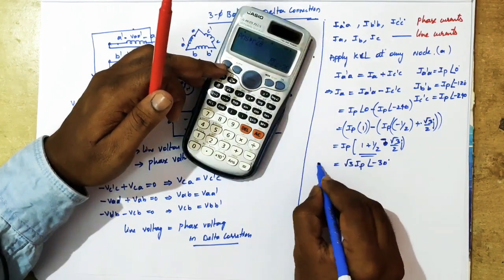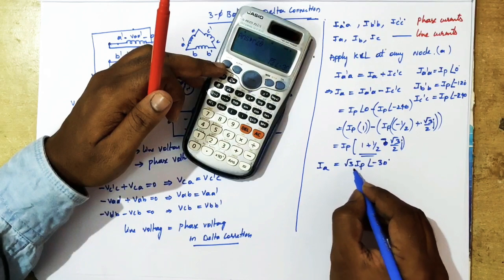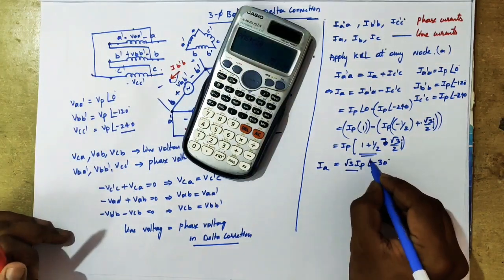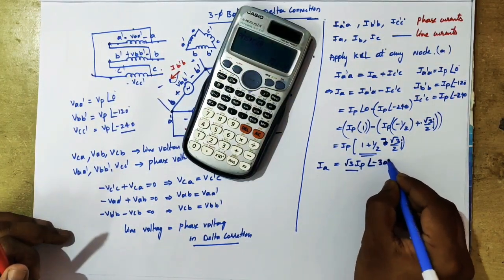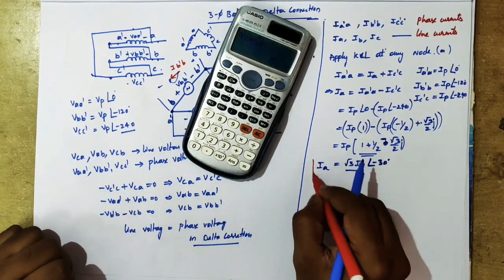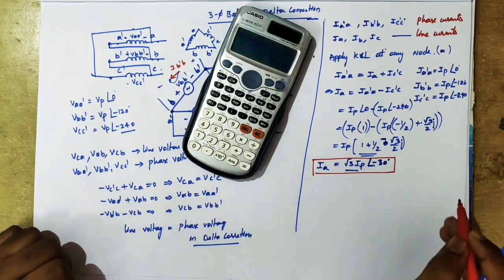Therefore, the line current I A equals root 3 times the phase current, lagging by 30 degrees. Okay, minus 30 degrees.